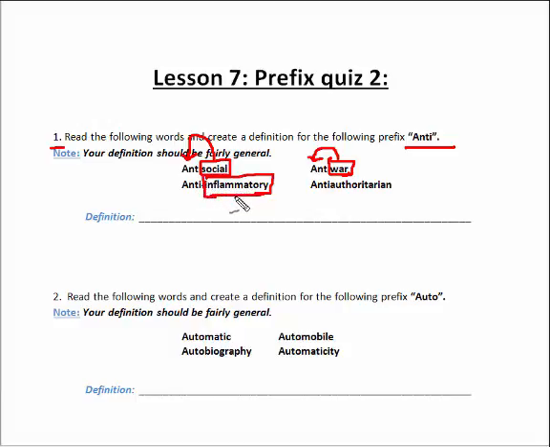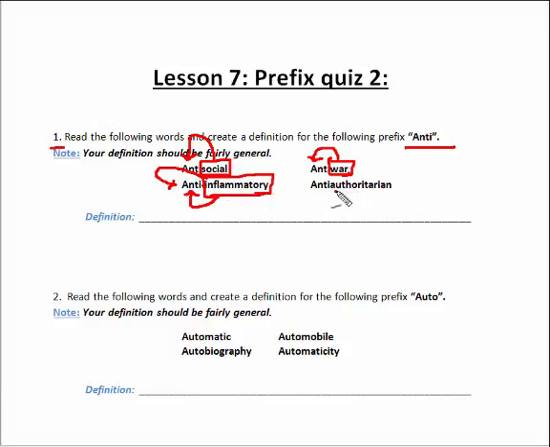Inflammatory means something when you hurt your knee, you get a bruised knee, you get all swollen. That's inflammation. When we put the prefix anti on the front, it's something that you would do to get rid of the inflammation. Maybe you'd put ice on it. Maybe you'd take some Tylenol. Tylenol or paracetamol, those are drugs that would help for inflammation, and they're called anti-inflammatories.